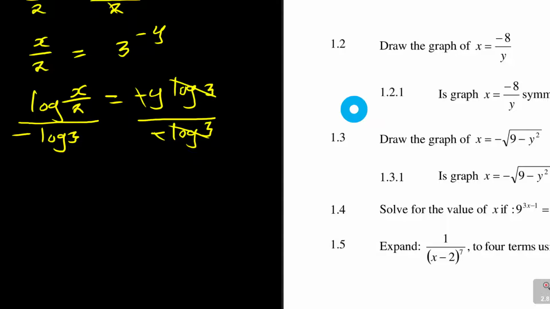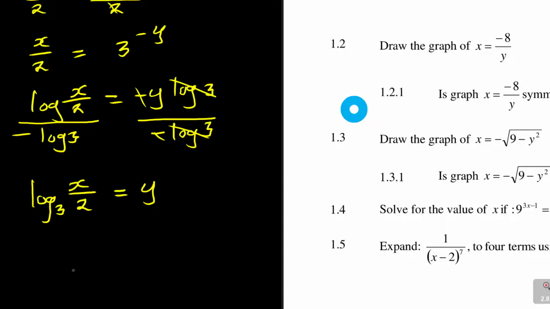But you can take this log 3, this negative will affect the top, but you can take this log 3 to become the base here. You are using the laws of logarithms. Okay, it can become the base. So what will it become? This will become log in base 3 of x over 2 is equal to y.